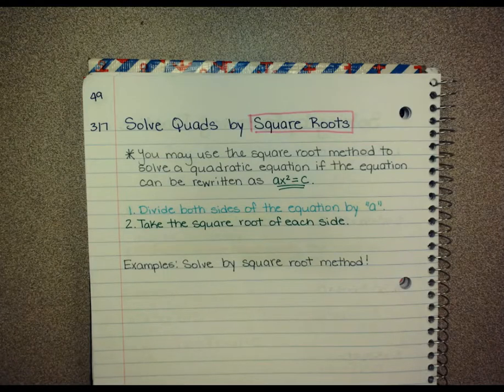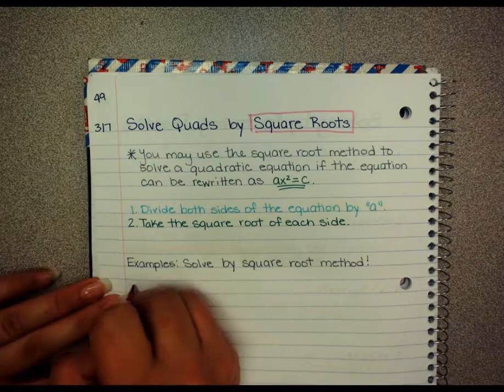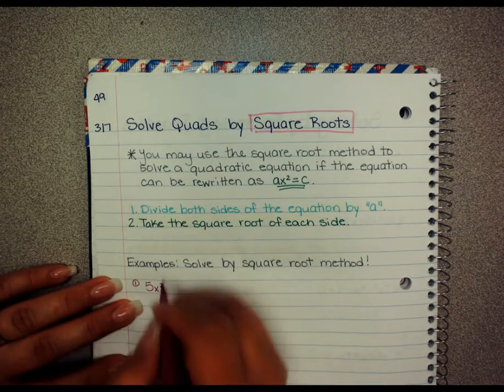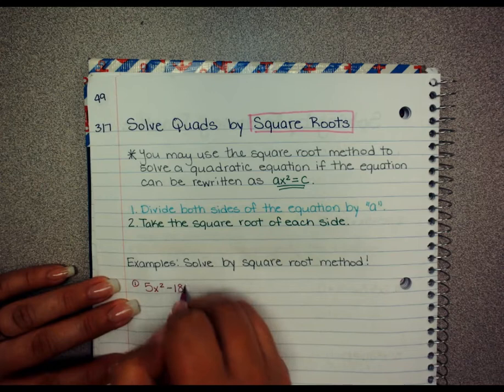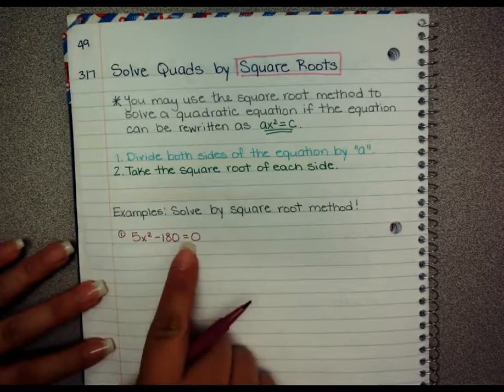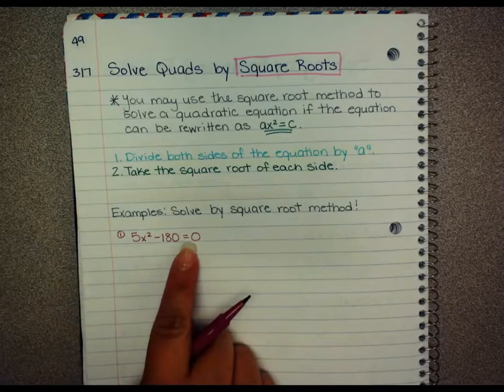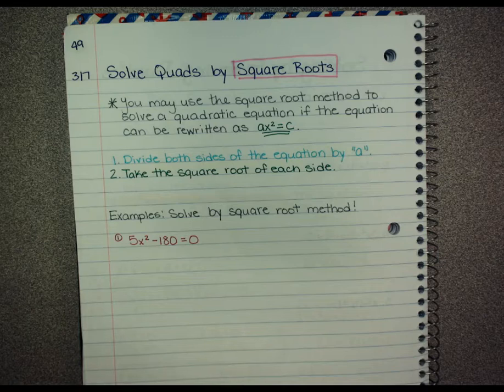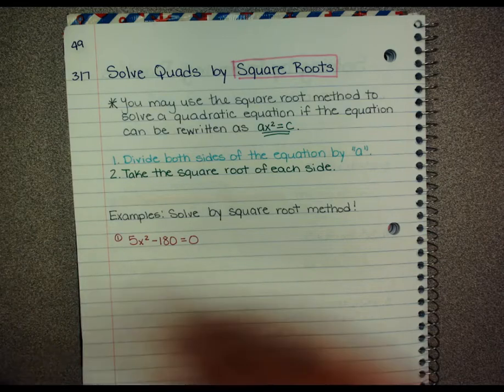So we have 2 examples. Our first example is 5x squared minus 180 equals 0. So we know that we're solving because it has this equal to 0. If it didn't have an equal to 0, it would just be factoring, because that equal makes us go from factoring to solving. Now we need to get it in this form.